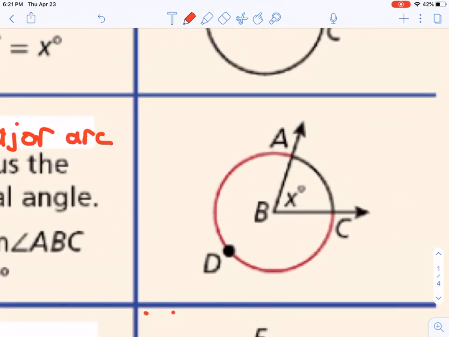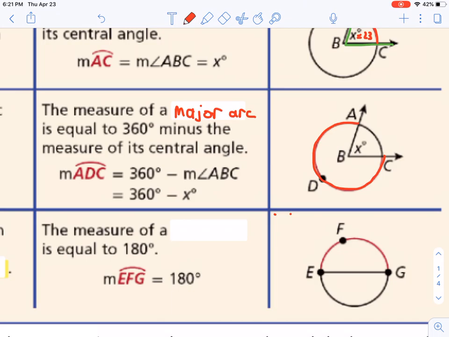So this is what I mean by going the long way around. I would travel in the exterior of that central angle, so it is a larger angle. It's similar to an acute angle versus an obtuse angle, if we were talking about angles.